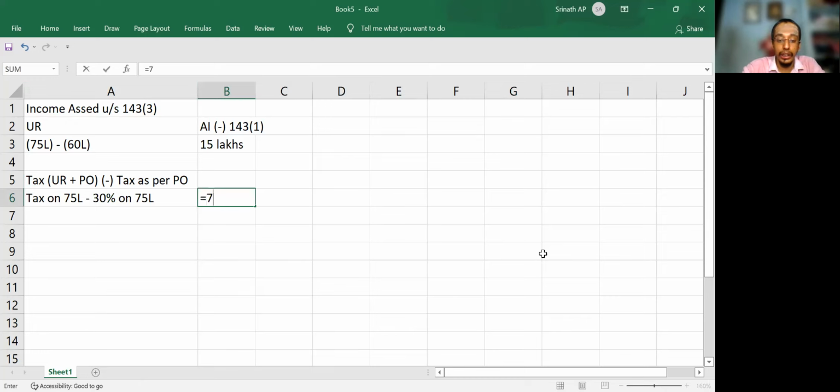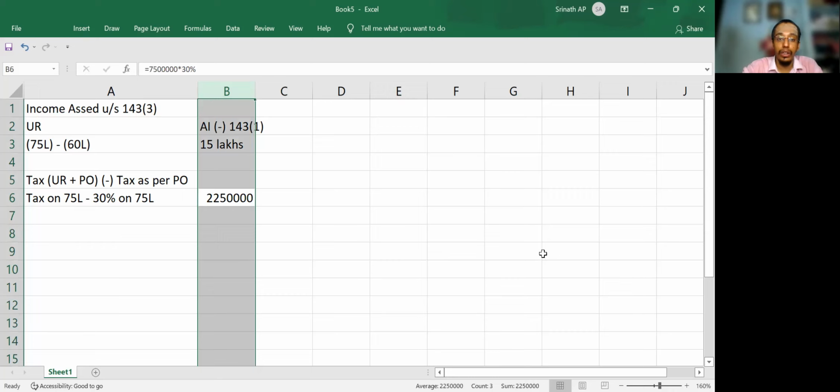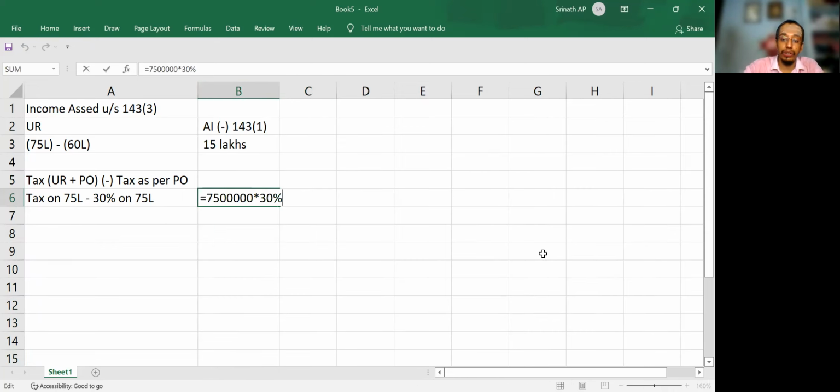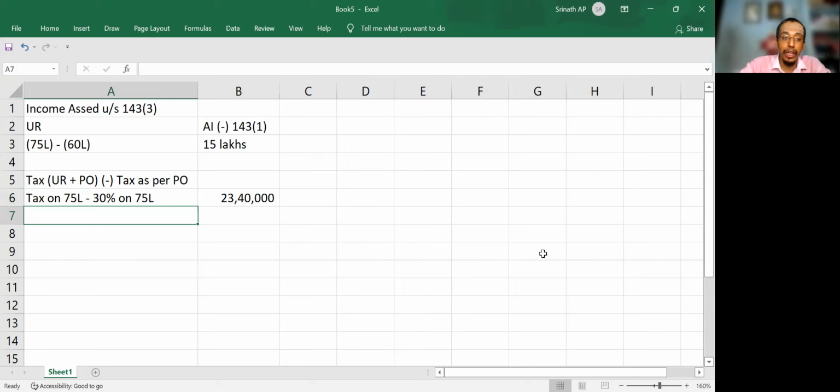So it will be 75 lakhs into 30%. You will have 22 lakh 50,000. You have to also add cess, into 1.04. 4% cess should be considered, which will give you 23 lakh 40,000 rupees. So this would be the first option.